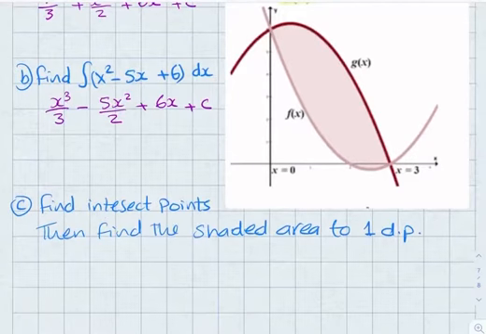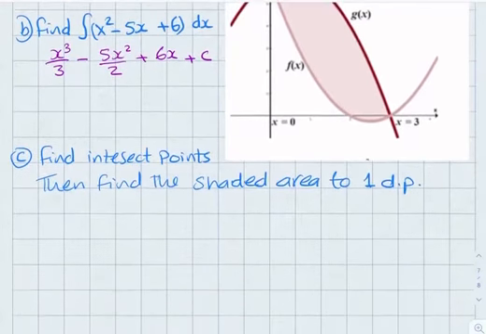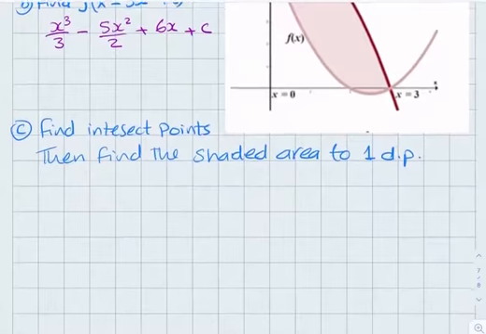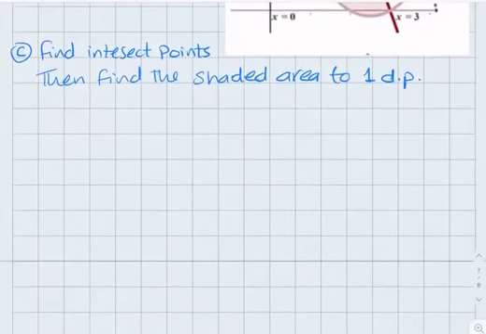I know you can see them in front of you, but I want you to work it out, to know how to work it out. So to find the intersect points for these two graphs, we make them both equal. It is there in this question, yes, but I just want you to know how to find it as well.